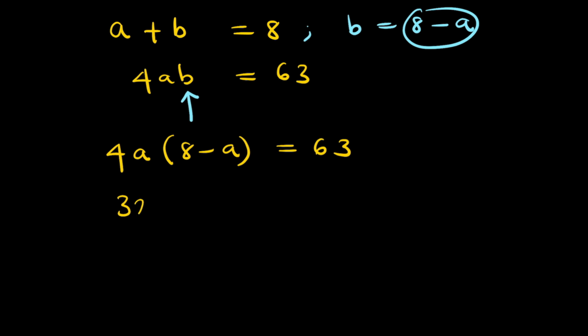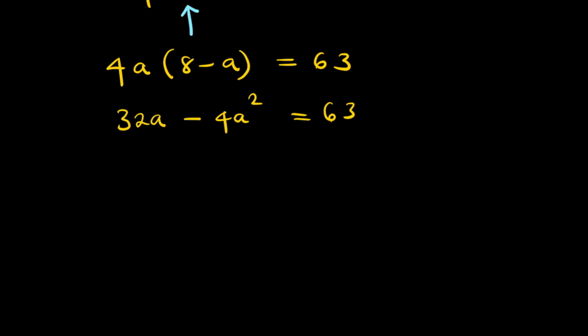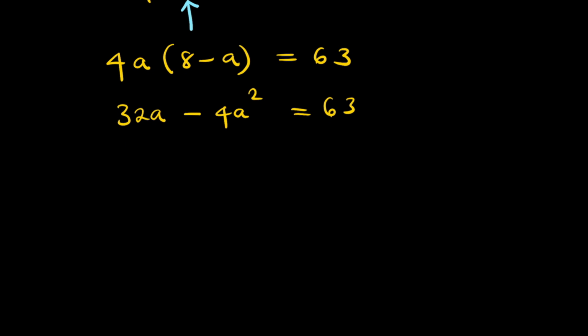If I open up this bracket, I have 32A minus 4A squared is equal to 63. I'm going to rearrange in descending power of A. This will be negative 4A squared plus 32A, then minus 63 is equal to 0.